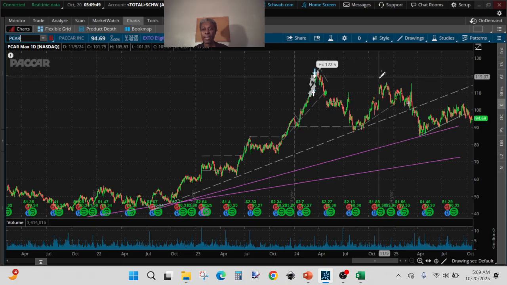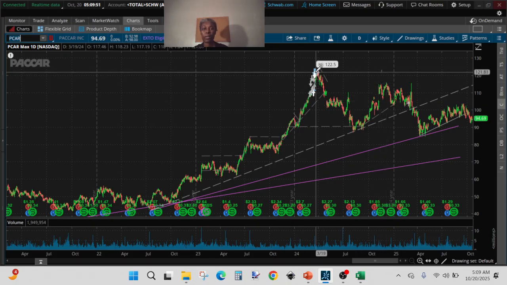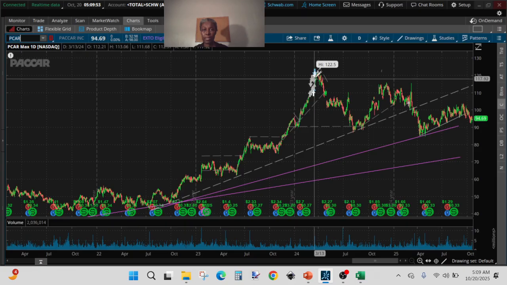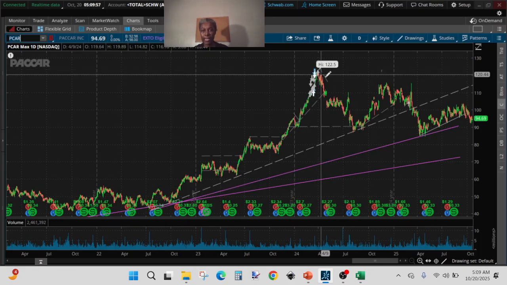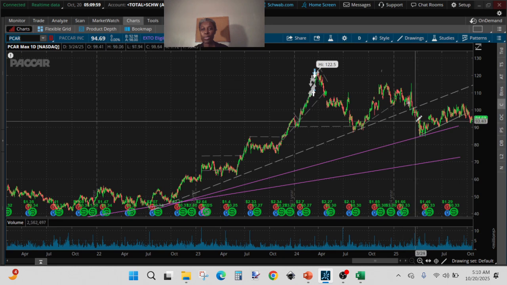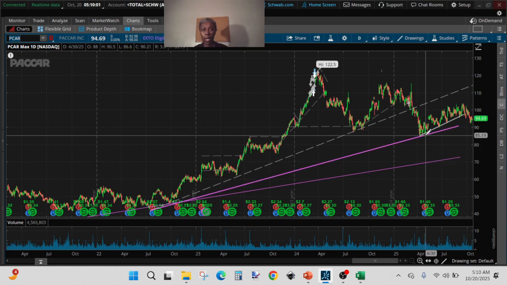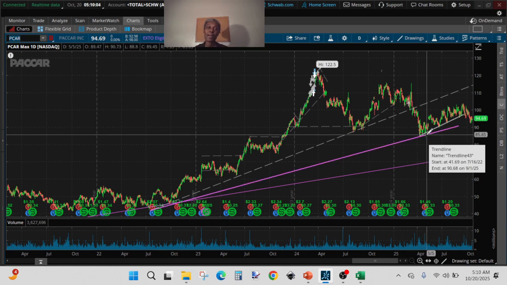Therefore, it's safe to say that it's done reaching that peak, this trend ended, and it is on its way down to the support line before it starts a new trend again.